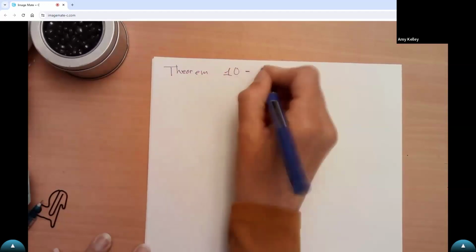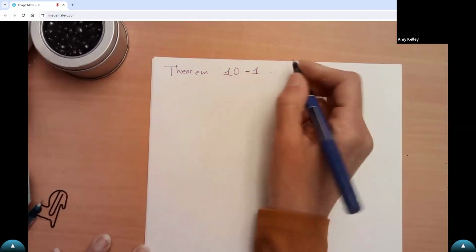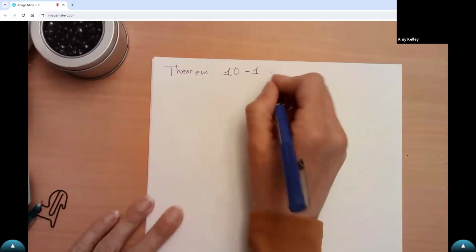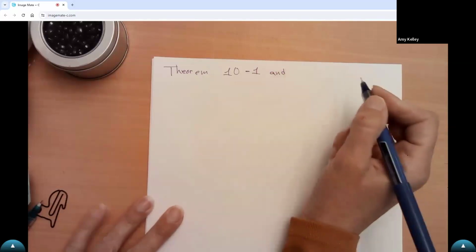All right, so we're going to start out looking at a theorem. This is theorem 10.1, and we'll also look at its converse. All right, so I'll just lump those both together in theorem 10.1.